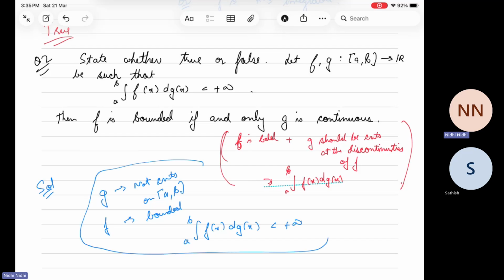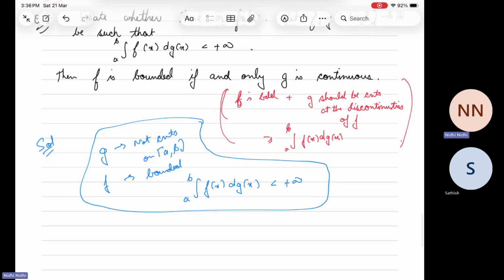So I need to build up some example which satisfies this kind of condition. Then only will I be able to say that the given statement is false. We can find a function g which is not continuous everywhere in the closed interval [a, b], but still, f being just bounded, f need not necessarily be continuous. f is just a bounded function and g is not even continuous. Then also the function f is RS integrable with respect to the function g. So you can cook up some examples yourself.